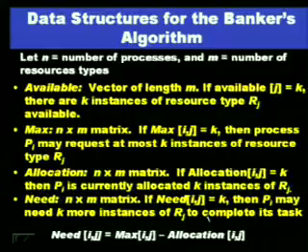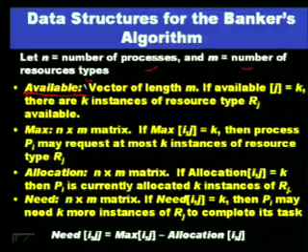Now, these are some of the data structures which we use for the Banker's algorithm. Let us say n is the number of processes and m is the number of resource types. This is very important, and we have one vector which we call available. This is a vector of length m. What does it mean? How many resources of each type are available?